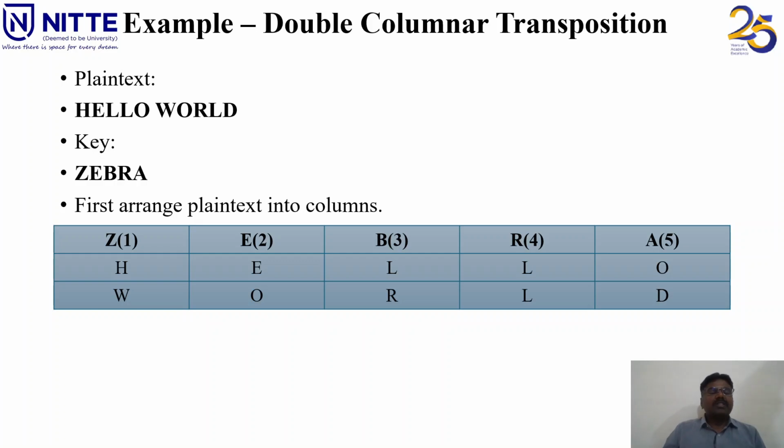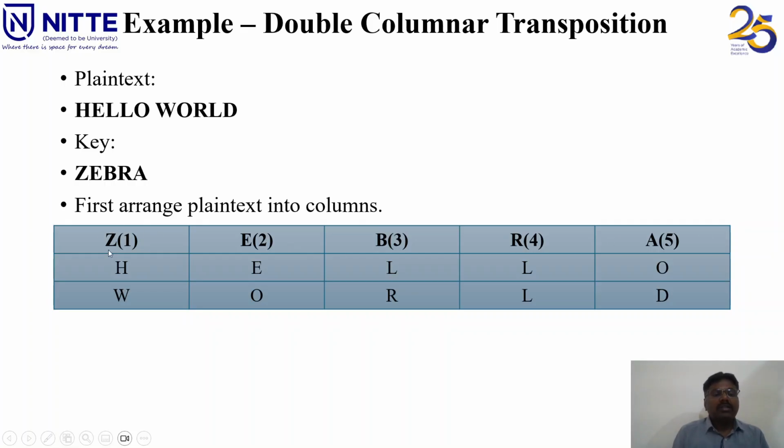So again we are going to consider the plain text hello world. The key we are going to use is zebra. First I'm going to arrange the entire plain text in the form of columns. Here you can see that the key has a total of 5 elements, so I'm going to write 5 columns.